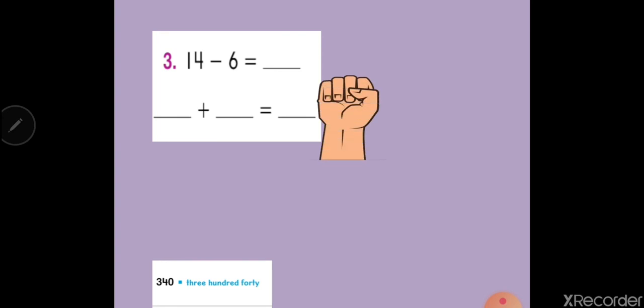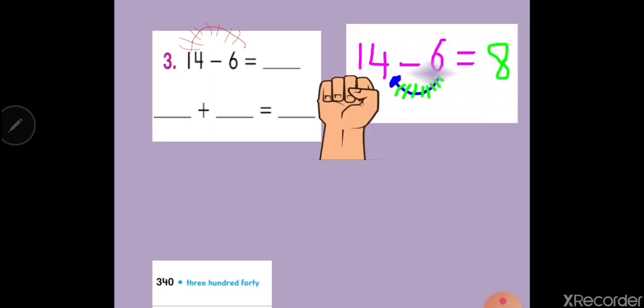Let's start to count after 6. 7, 8, 9, 10, 11, 12, 13, 14. So, how many fingers did you open? 8. You found the other son. Now, how will you be the teacher? How do you know your work is correct or not?